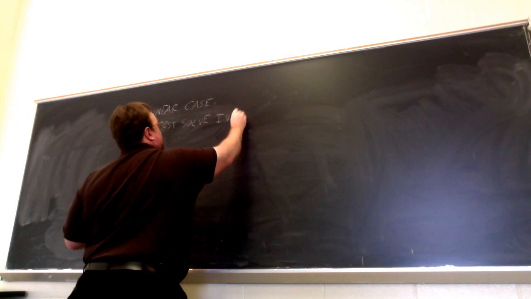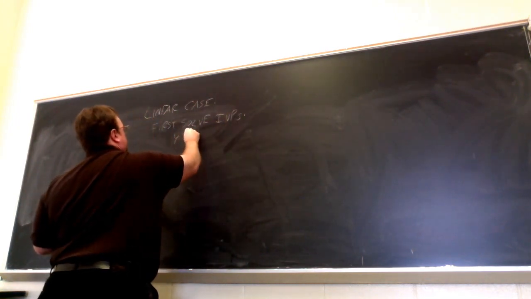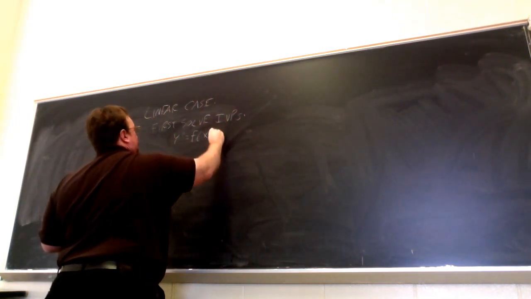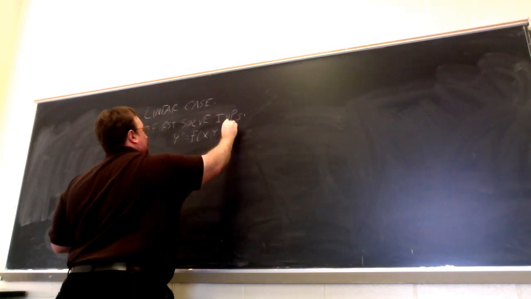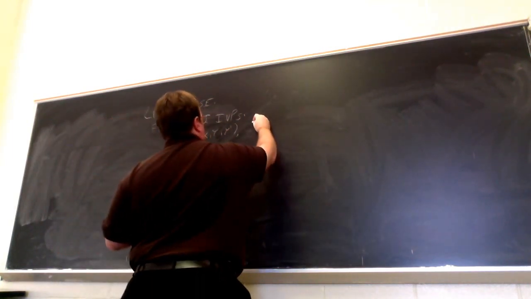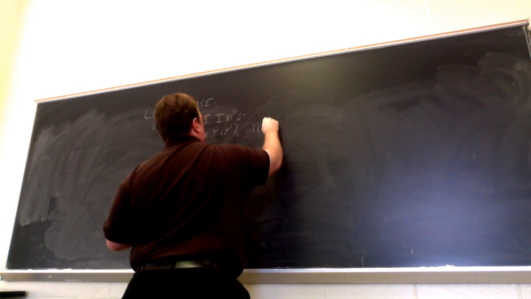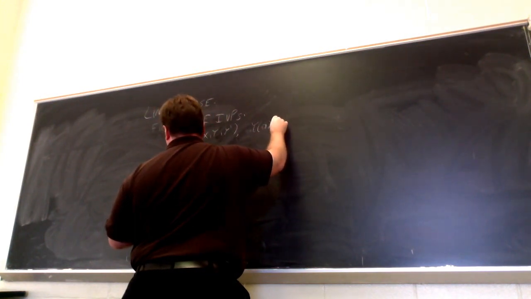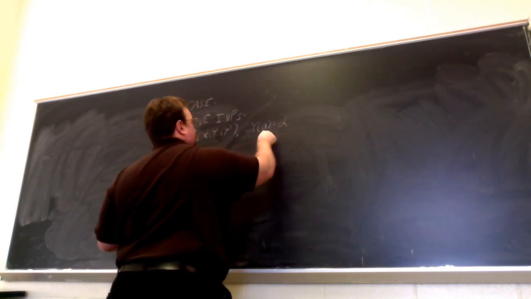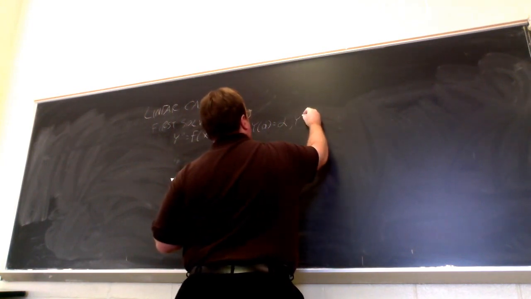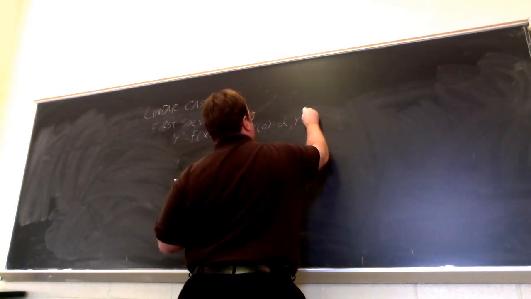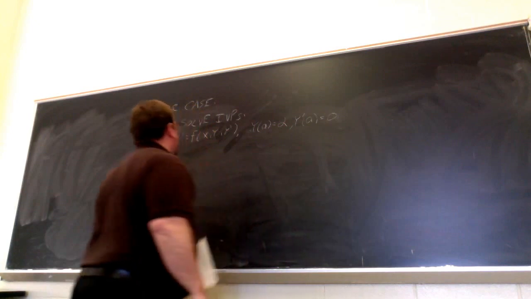So these initial value problems: y double prime is the same ODE, but with these initial conditions: y of a equals alpha, and y prime of a is 0.